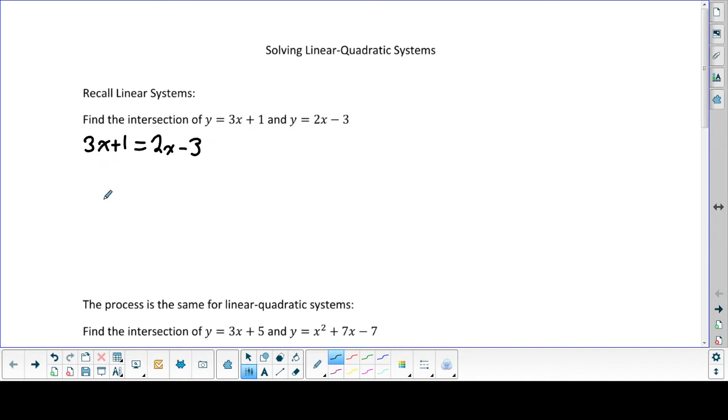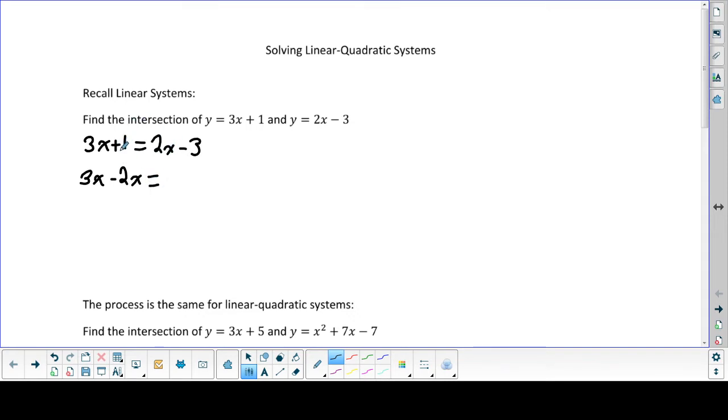Now our goal is to solve for x. A good strategy for linears is to bring everything with an x to one side and everything without an x to the other side. So we might bring this 2x to the other side. We have to subtract it, so we get 3x - 2x.